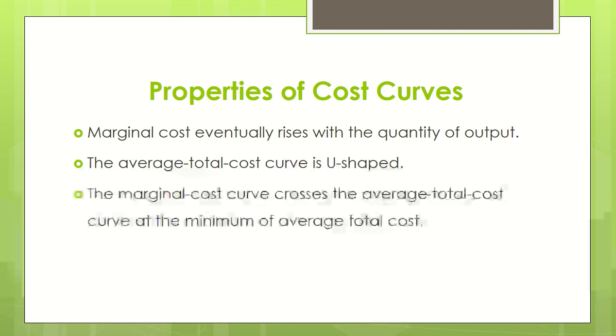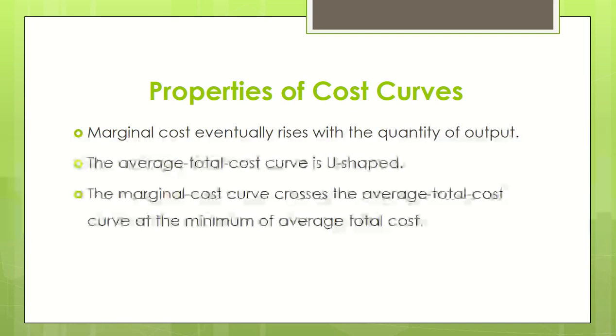And coming to the last property, the marginal cost curve crosses the average total cost curve at the minimum of average total cost. This point is known as the efficient scale of the firm. Efficient scale is defined as the quantity of output that minimizes the average total cost.